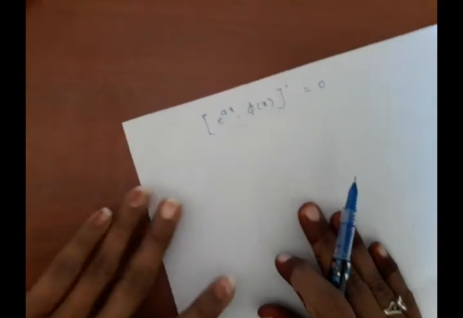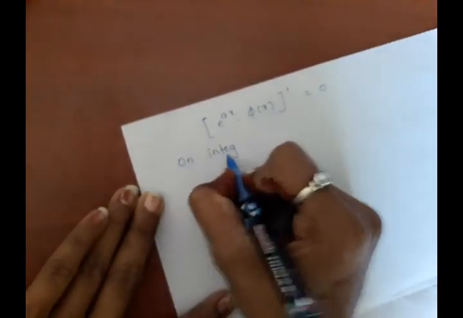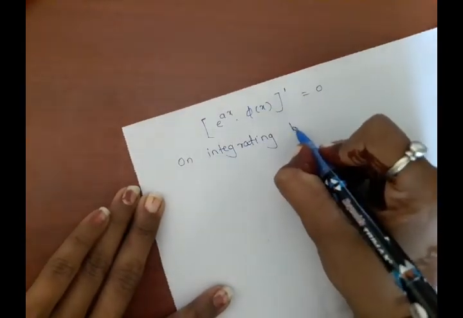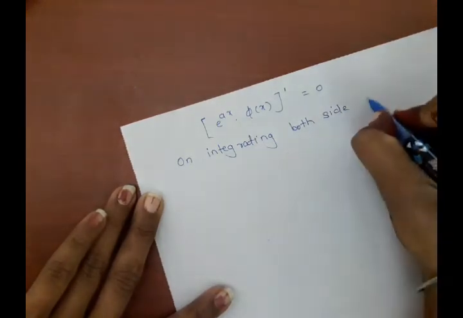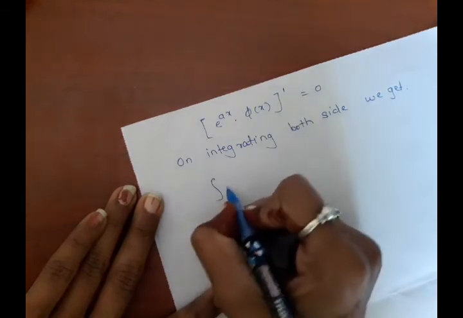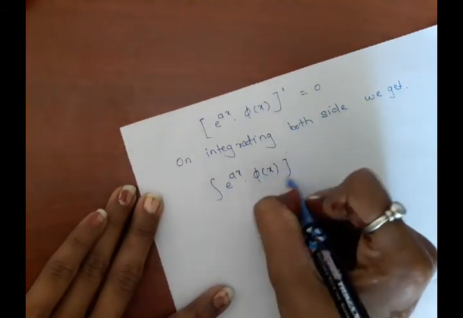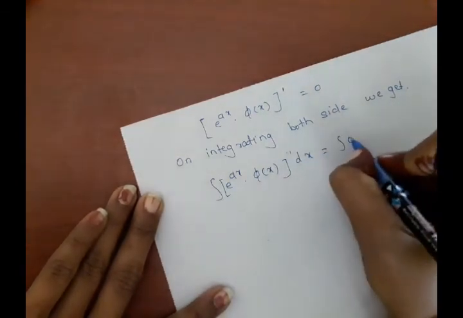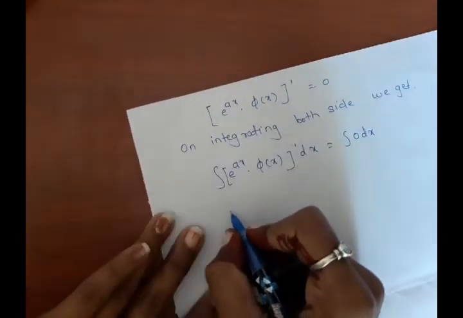So in the next step, on integrating both sides, we get the integration of the derivative of e^(ax) phi(x) dx is equal to the integration of 0 dx.